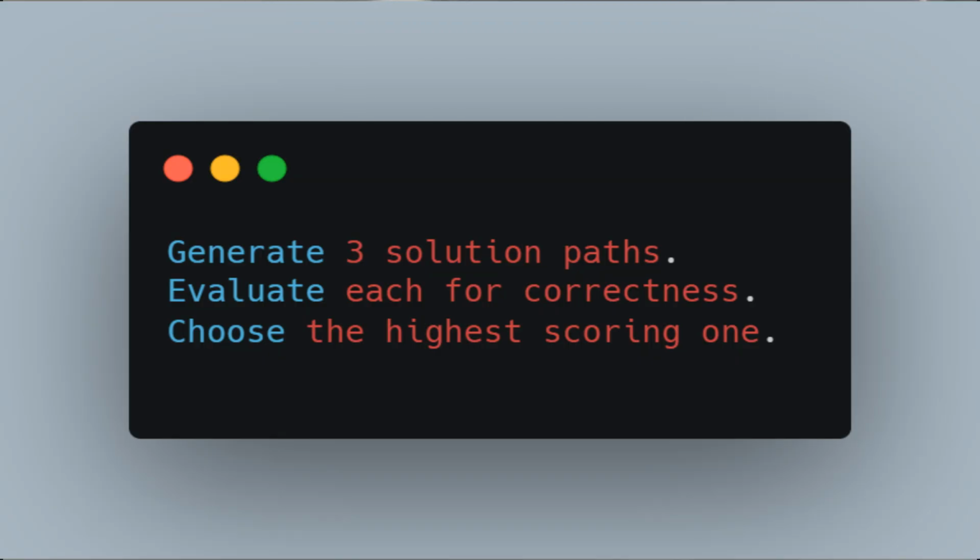And the second is tree of thought prompting. So the AI explores multiple paths: generate 3 solution paths and evaluate each for correctness. I'm going to choose the highest scoring one. So here's a 3. I told it to generate, then I told it to evaluate whether each one is right, and I told it to choose the right one for me.